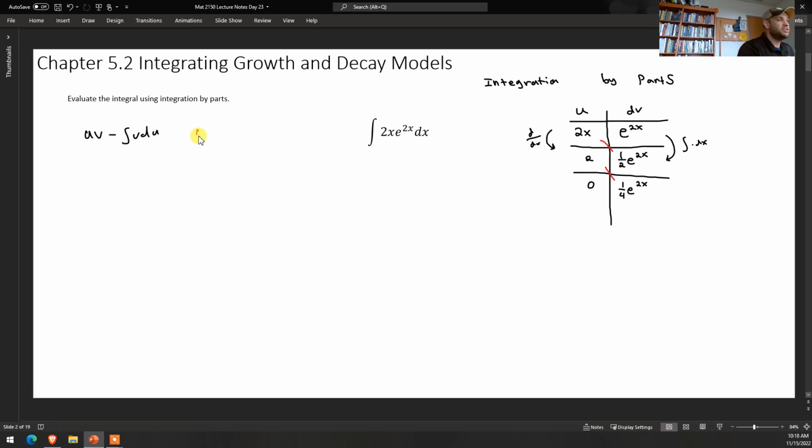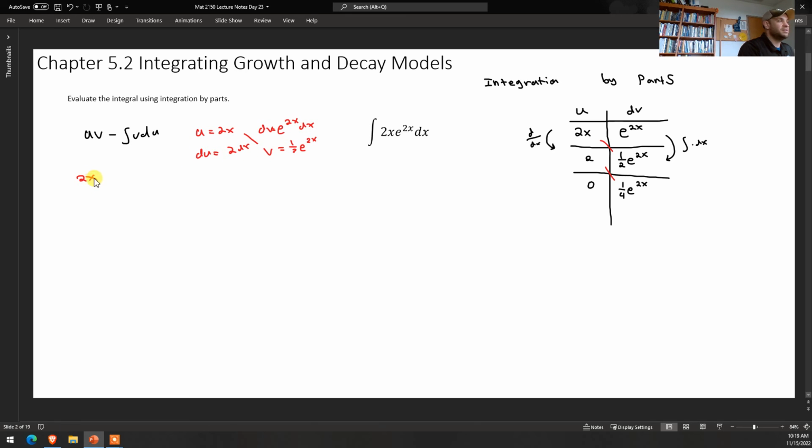Reading this off of the chart, we have u is 2x and dv is e to the 2x dx. That means that du, the next row, gives us 2 and v gives us 1/2 e to the 2x. So now our answer here is u times v minus the integral of v du.